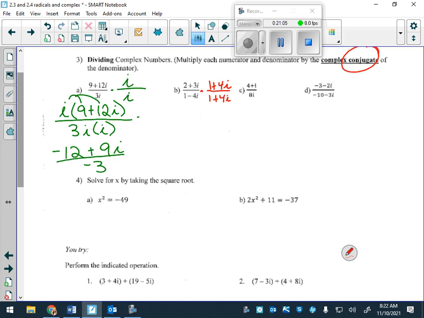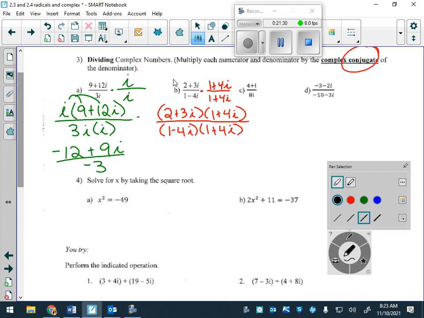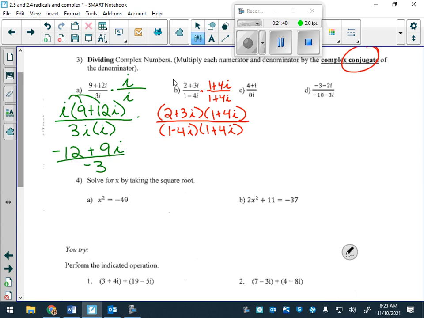So let's go through this so you can see how it cancels out. The numerator is 2 plus 3i times 1 plus 4i, and the denominator is 1 minus 4i times 1 plus 4i. So this is what it looks like as one fraction. You guys have just gone through multiplying, so go ahead and multiply the numerator. I'll do the same thing up here. Then do the same thing for the denominator.